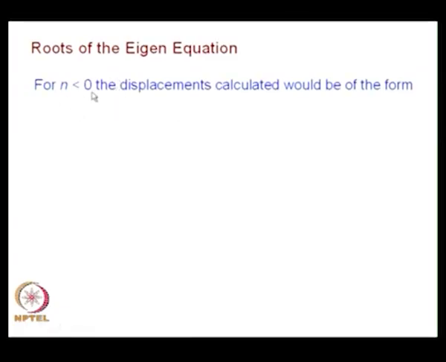For n less than 0, the displacements calculated would be of the form, mind you, we are dealing in polar coordinates, so you will get u r and u theta. u r is of the form 1 by r power modulus of n by 2 multiplied by f1 theta.